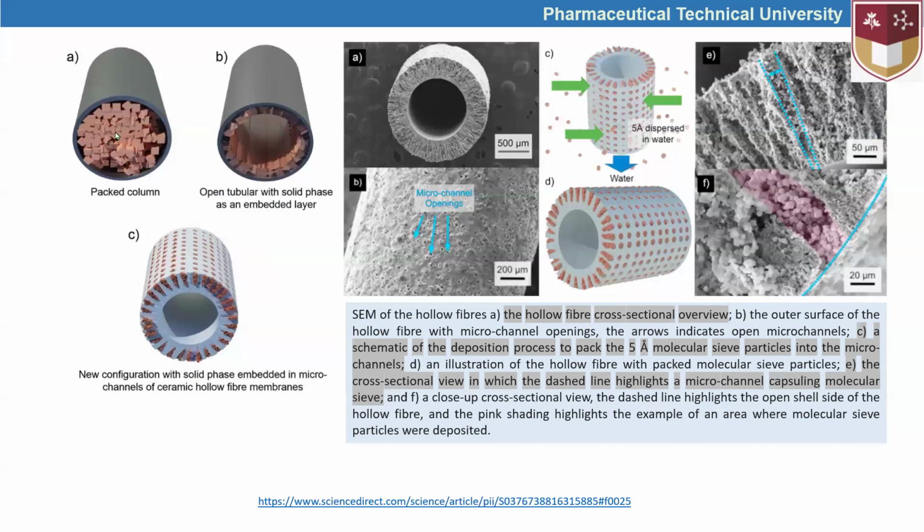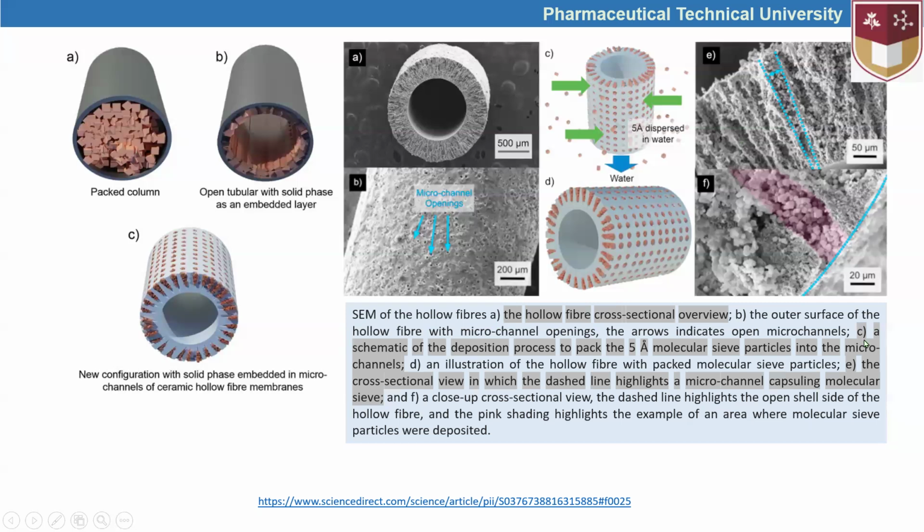This one is a packed column filled with those sorbent materials, and this one is open tubular with a solid phase as an embedded layer, and this one is a new configuration with solid phase embedded in microchannels of ceramic hollow fiber membranes. And here we can see the SEM photos in B, E, and F parts of the figure.